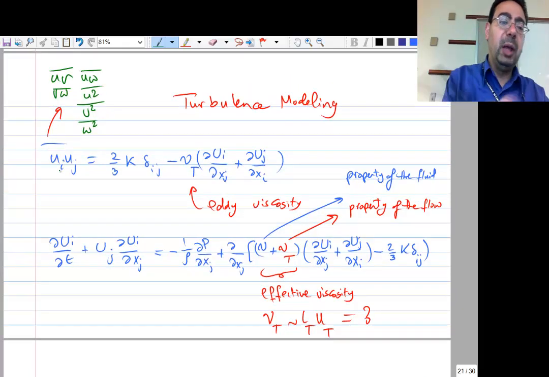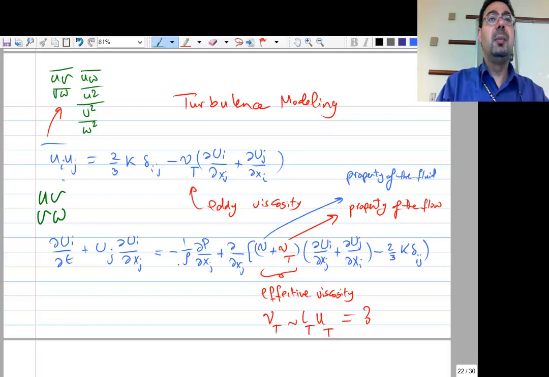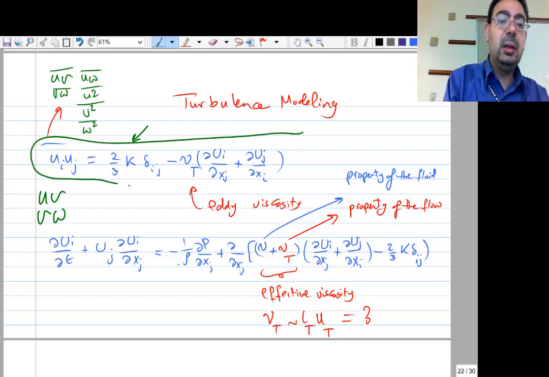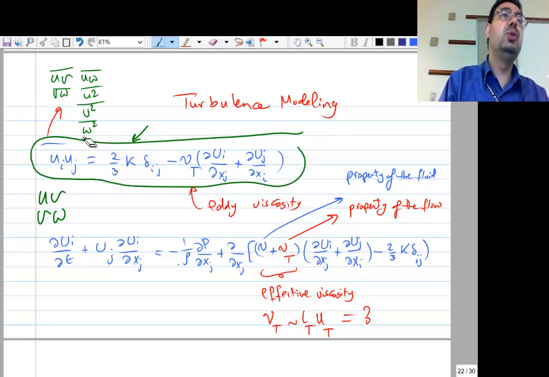Here, by UI, UJ, I am basically saying like U, V, or V, W, the two components. All right? So once you solve for K, once you have your K in your hand by solving that K equation, then you can have all those fluctuations by this model. So it's K, delta, what's delta?